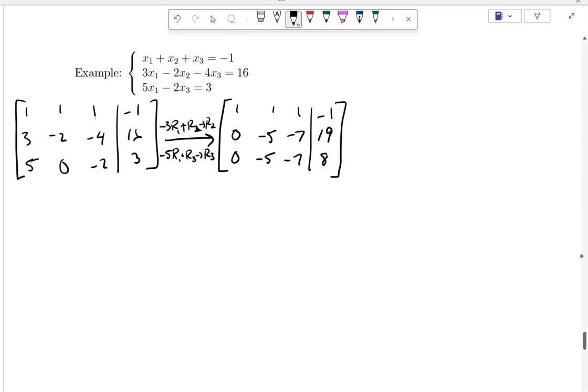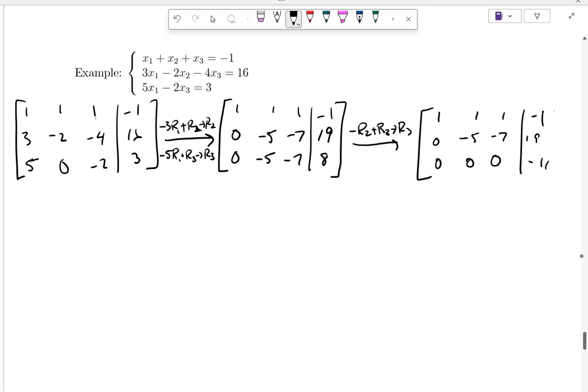No. As a matter of fact, if we do one more step, I'm not going to bother getting a 1. But if I do negative row 2 plus row 3 and replace row 3, we get the same first 2 rows. But notice we'll get 0, 0, 0, negative 11 when we're done. That last row says what?